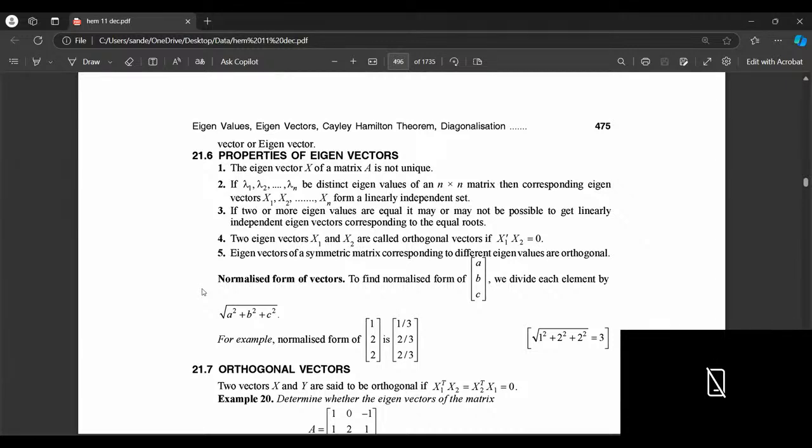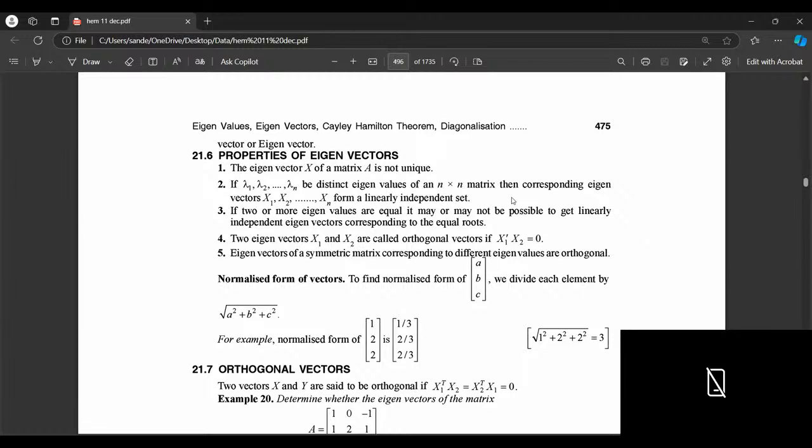The second property we saw yesterday: if lambda 1, lambda 2, and so on up to lambda n are distinct eigenvalues of an n by n matrix, then the corresponding eigenvectors x1, x2, so on xn form a linearly independent set.